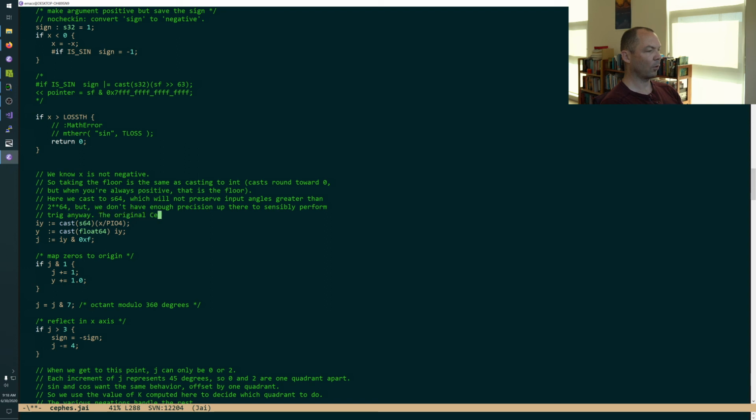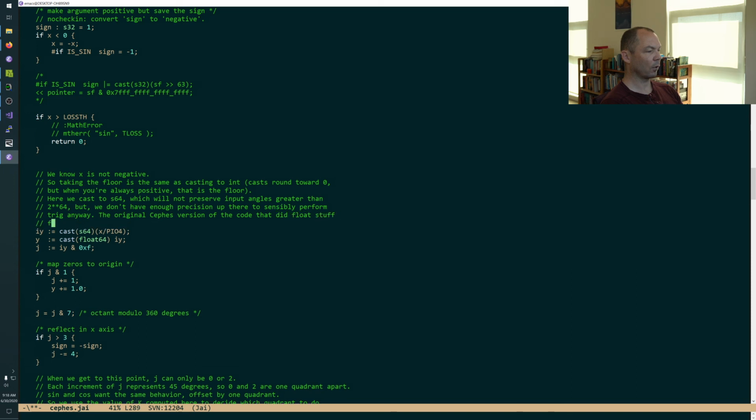The original Cephes version of the code that did float stuff here was 2x slower than our new version.